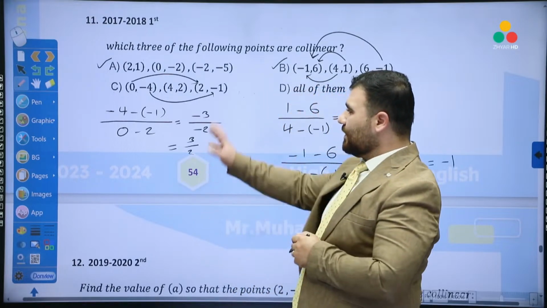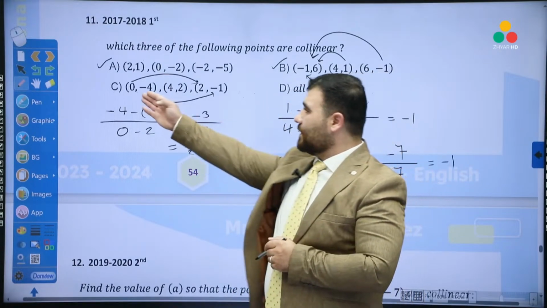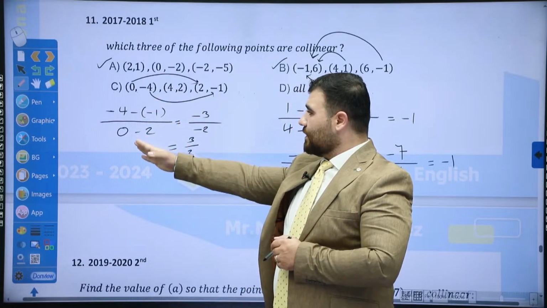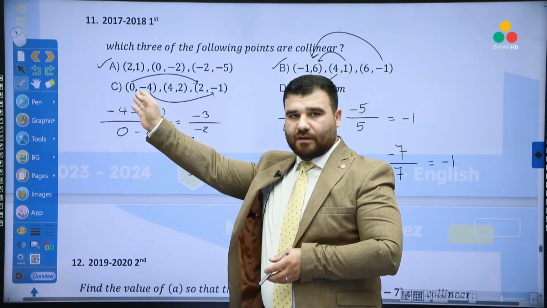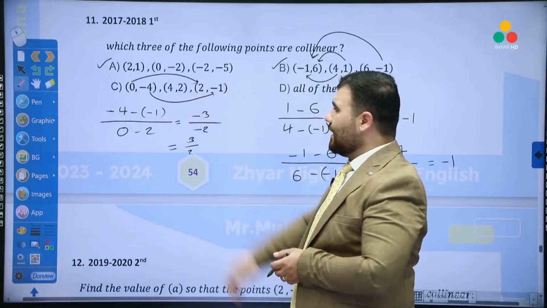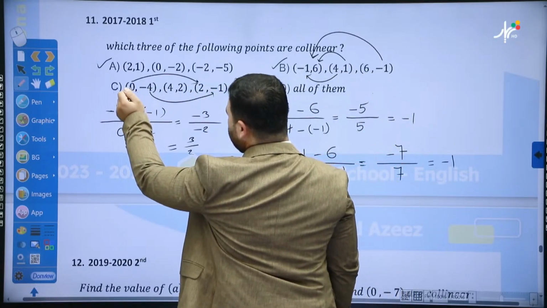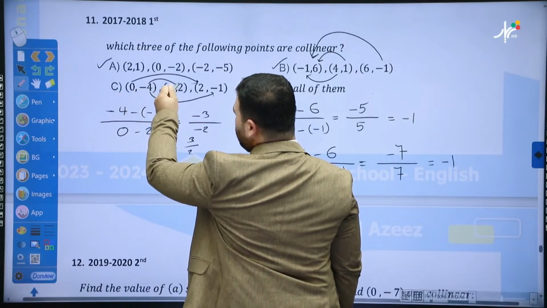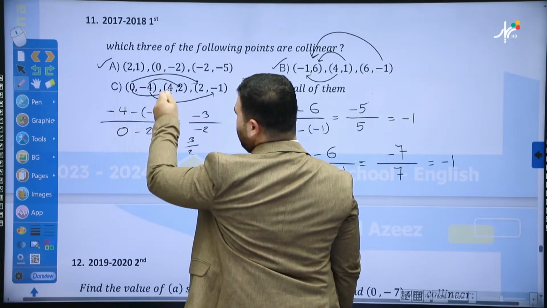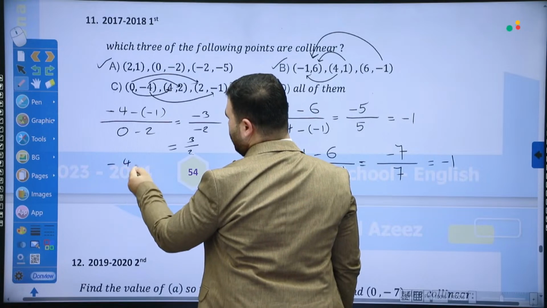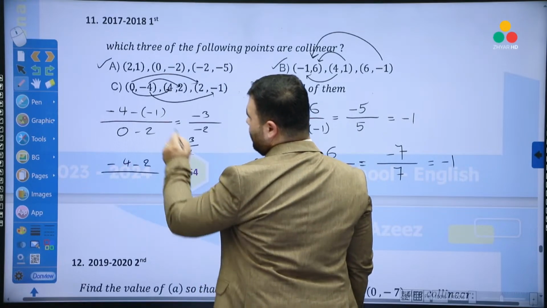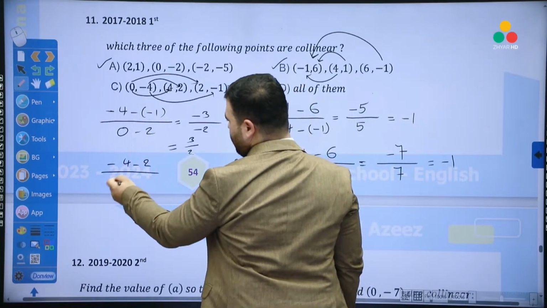That was the slope between first and third. Order doesn't matter. Now we can find the slope between first and second and see the result. Negative 4 minus 2 over 0 minus 4.